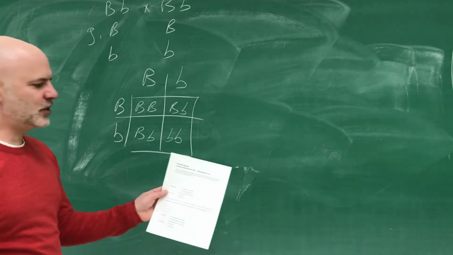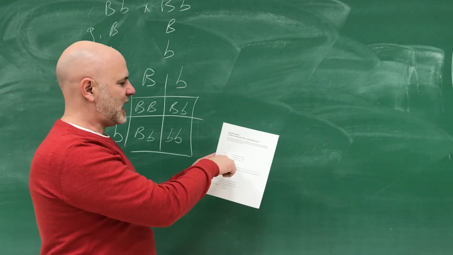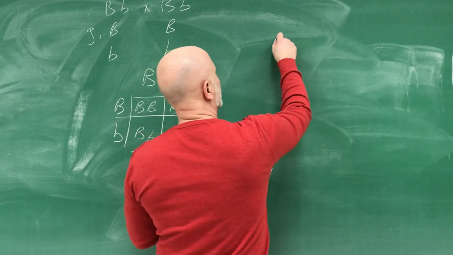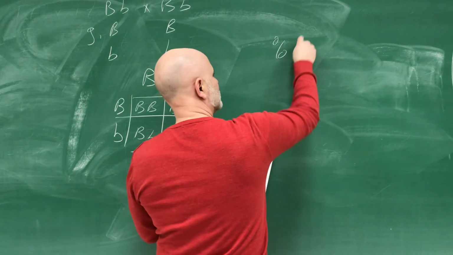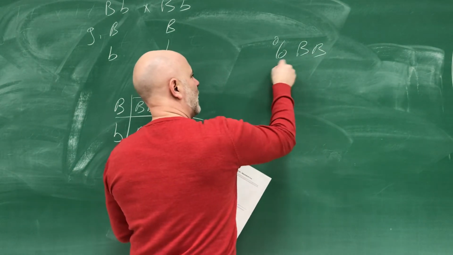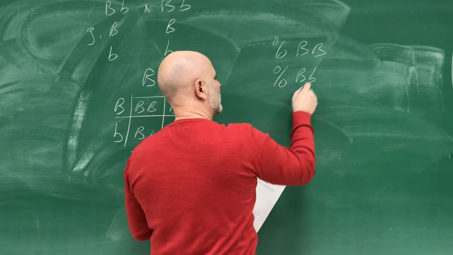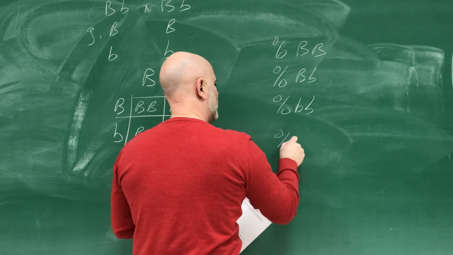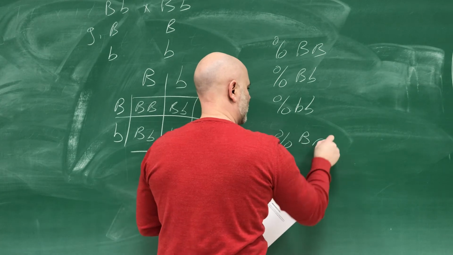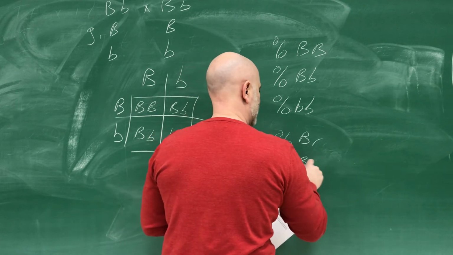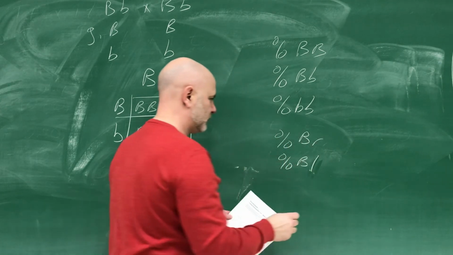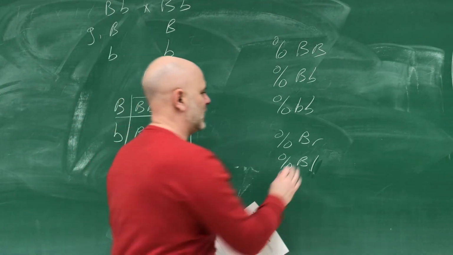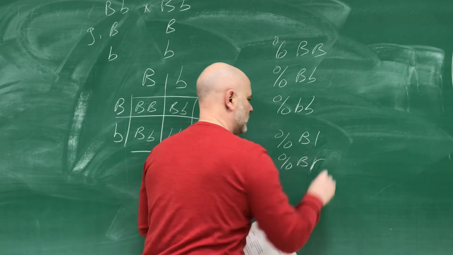Now it also asks for the percentages. So we need a percentage that is big B, big B, a percentage that is big B, little b, a percentage that is little b, little b, and then a percentage that is brown and a percentage that is black. I think I reversed those there. Now it's correct.